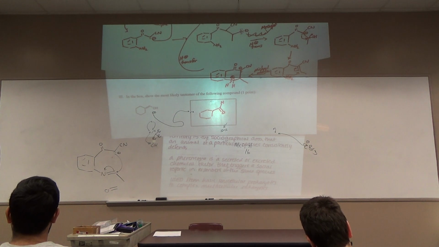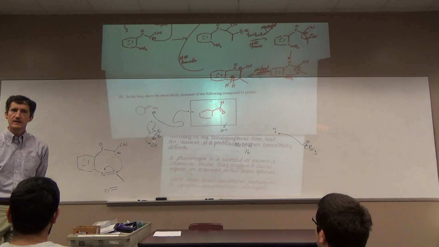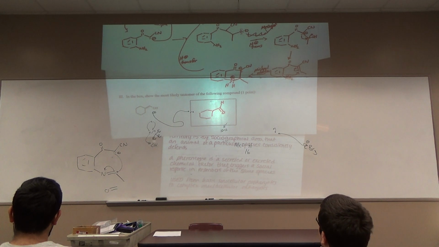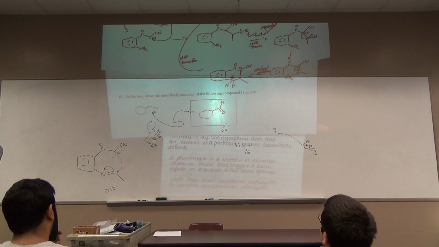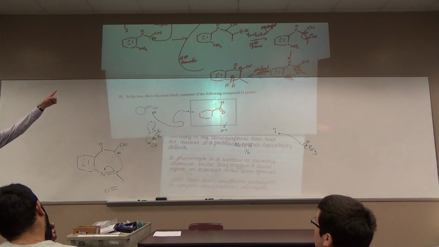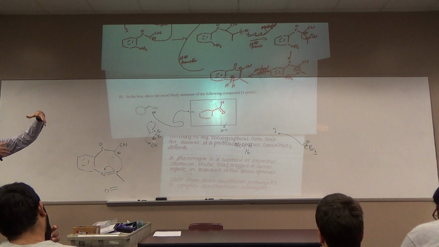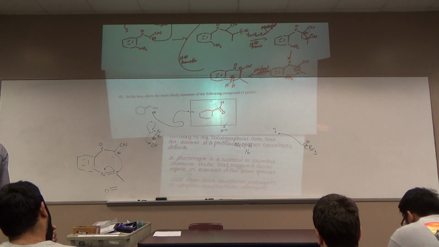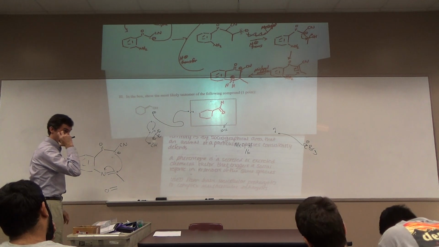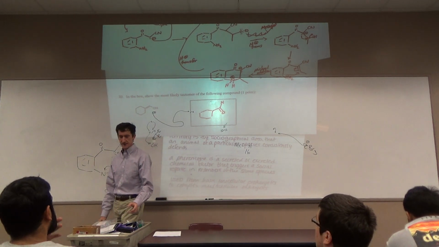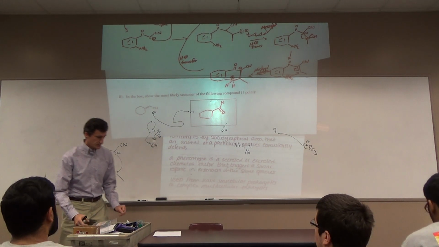That was a Michael followed by an aldol. We formed a ring in this mechanism here. Or it could be an aldol followed by a Michael; you could have done it the other way. That really doesn't have a name. The Robinson annulation got a name because it was pretty prominent.